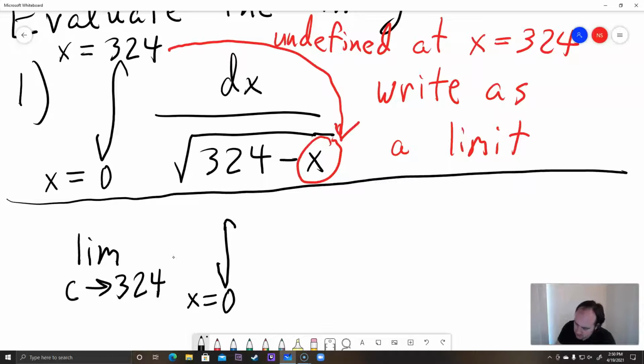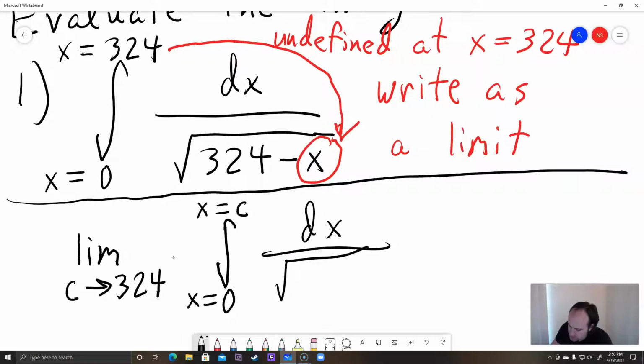It's the limit as c approaches 324 of the integral from x equals 0 to x equals c of dx over the square root of 324 minus x. And it's actually going to be the limit as c approaches 324 from the left side.